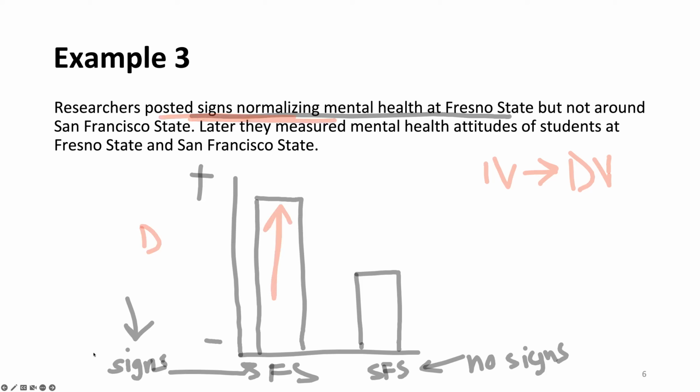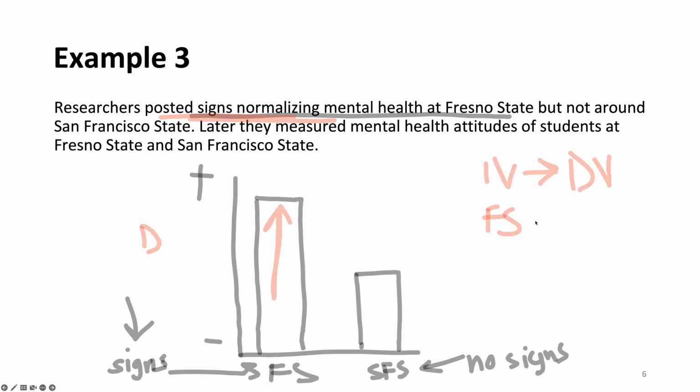Well, because they're different, we didn't randomly assign people to groups. There's pre-existing differences between Fresno State students and San Francisco State students. So maybe the alternative explanation is that Fresno State students in general just feel more positively about mental health, that they just feel like it's more normal than students at San Francisco State.